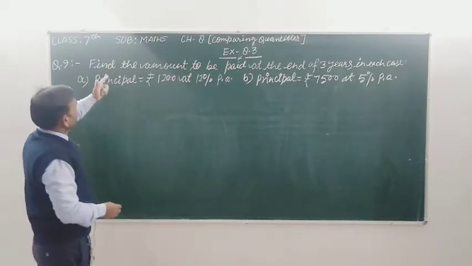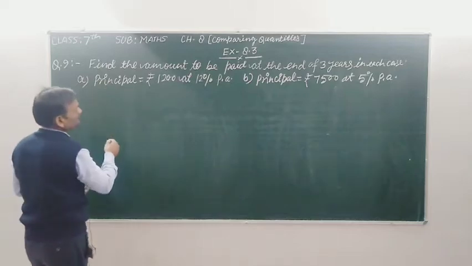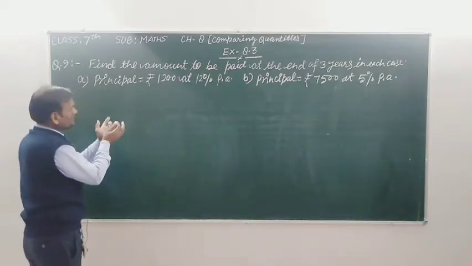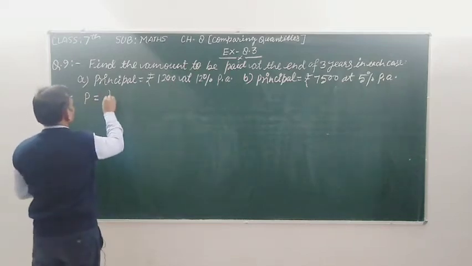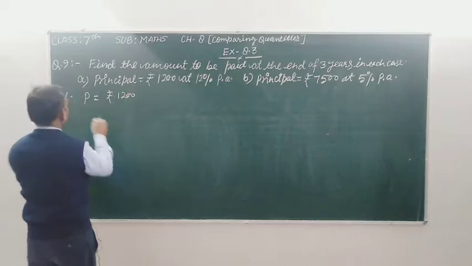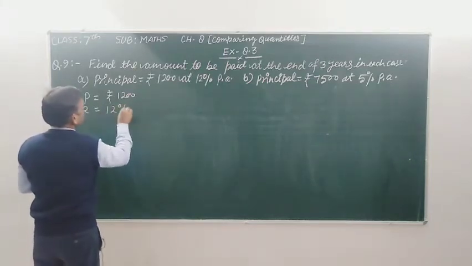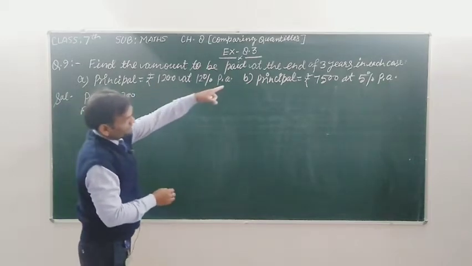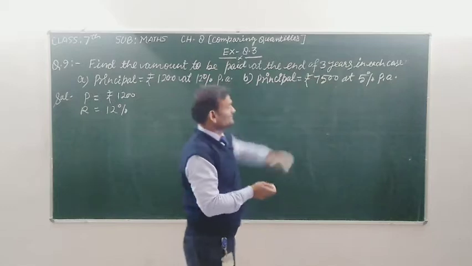So student, I am going to solve this question. Whatever is given, firstly note it down. Principal P is equal to rupees 1200, it is given, and rate is equal to 12%, and time for both parts is 3 years.